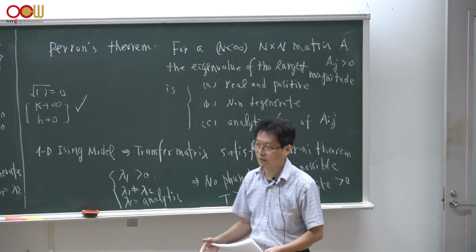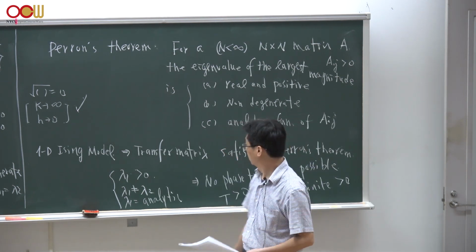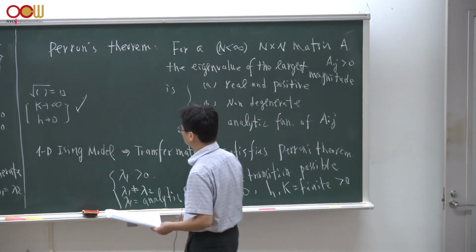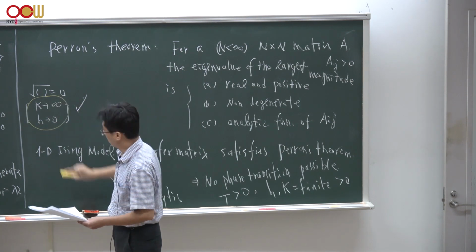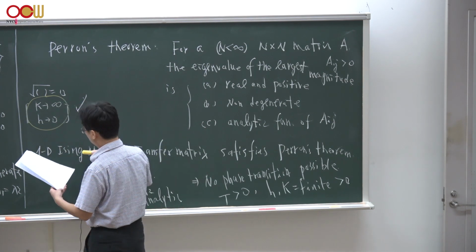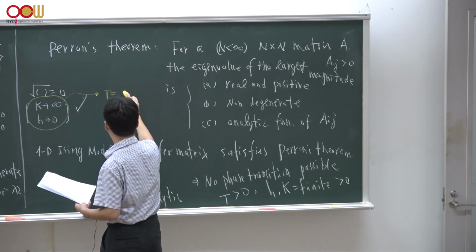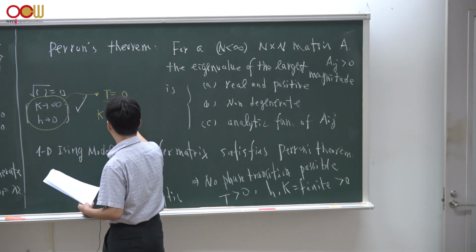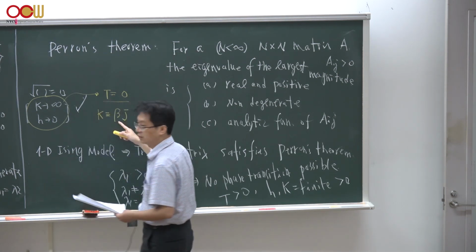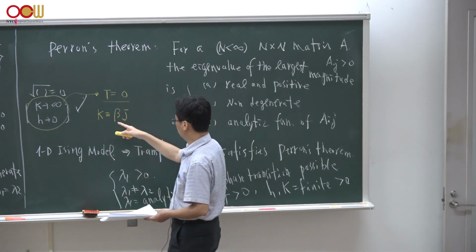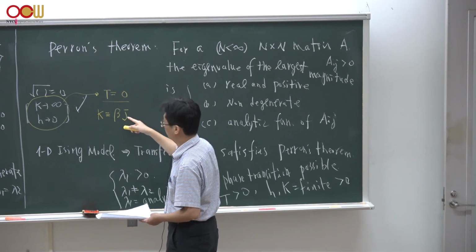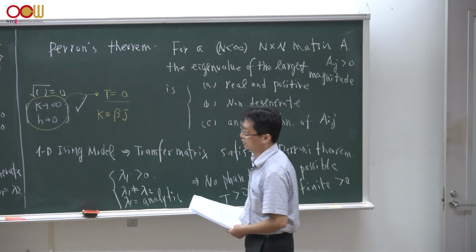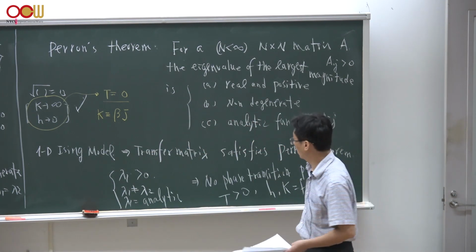In the next lecture, we will consider exactly this situation where k goes to infinity and h goes to 0. This is the limit of T going to 0, because remember, k is given by beta times J, and beta is 1 over k_B T. So when T goes to 0, beta goes to infinity, while J, the Ising coupling, is always a finite positive value.